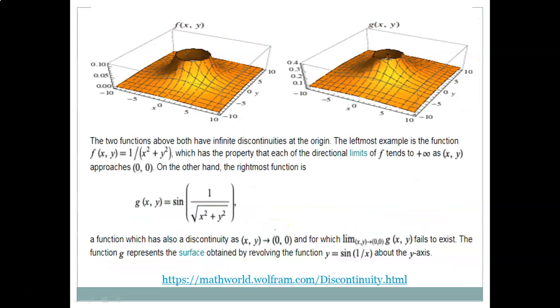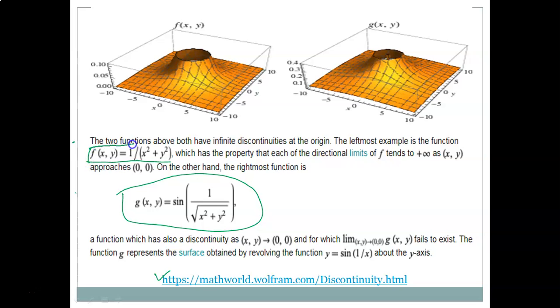So now there are more visualizations here, and these visualizations have been taken from this site, Wolfram MathWorld. You can also see more such visualizations at this site. So here we have considered two functions. One is f(x,y) like this, and another is g(x,y) like this.